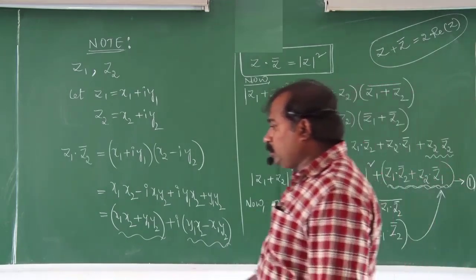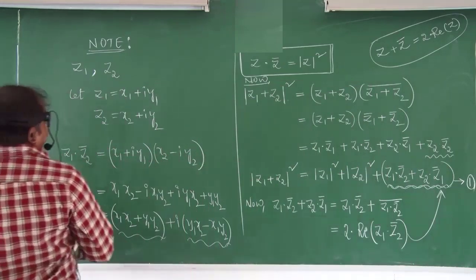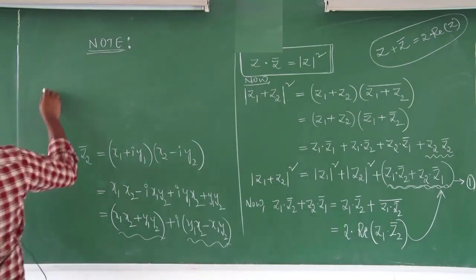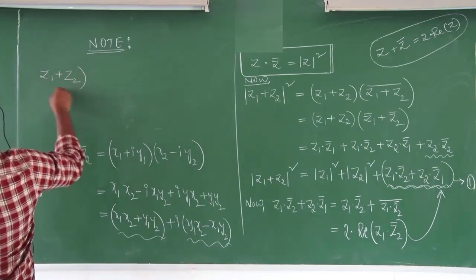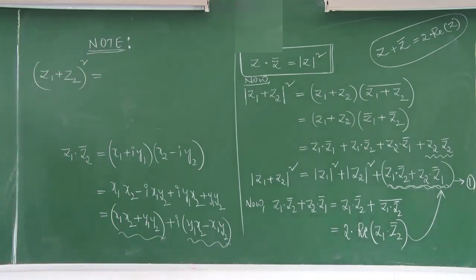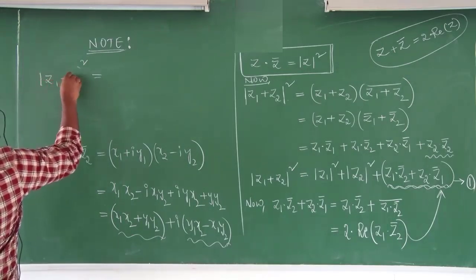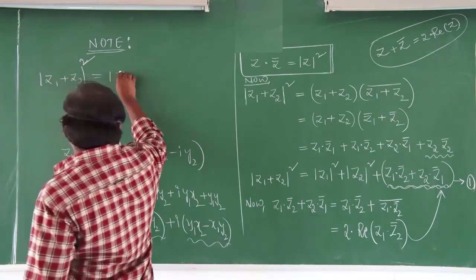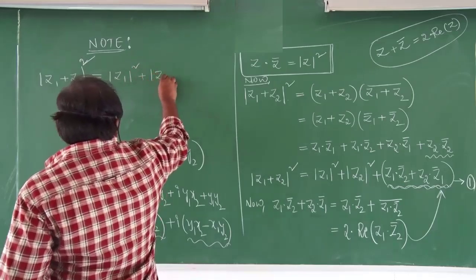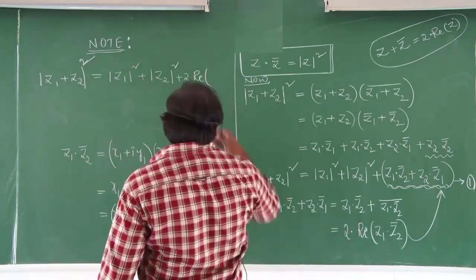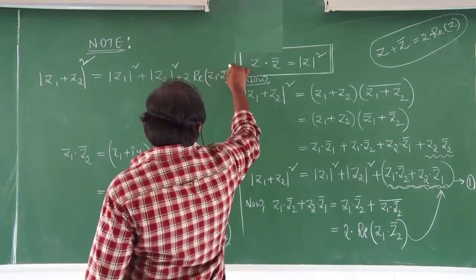If I replace it in the first equation, therefore I can write the conclusion. Modulus of z1 plus z2 whole square equals modulus of z1 square plus modulus of z2 square plus 2 times the real part of z1 into z2 conjugate.